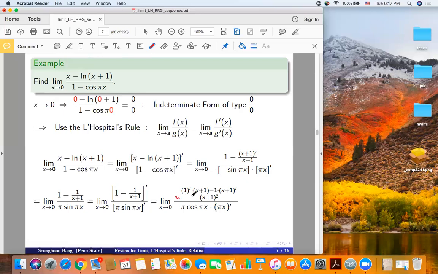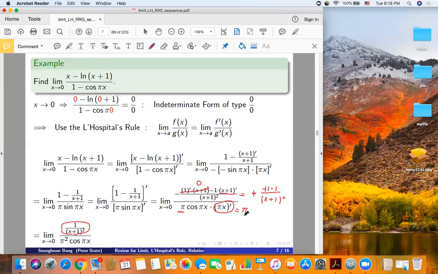Keep the negative sign: the top 1 prime times the bottom x plus 1, minus 1 times the derivative of x plus 1, over x plus 1 squared. In the bottom, pi is constant so we take it out. The derivative of sine is cosine pi x times the inner derivative pi x prime, which is pi. Simplifying, 1 prime is 0, and the remaining is minus 1 times 1 over x plus 1 squared, which we can change to positive.